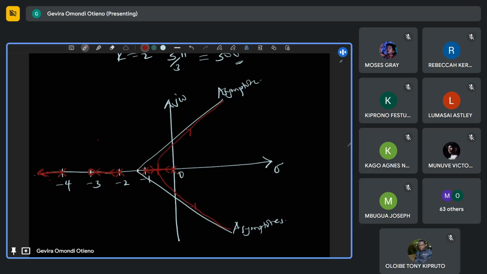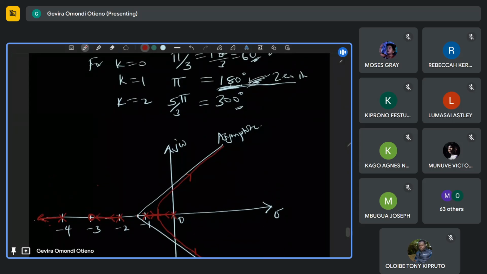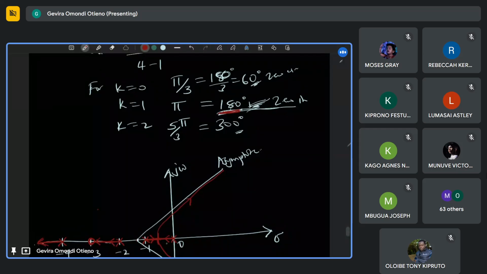The pole at -4 will terminate at a 0 that exists on the real axis. Remember, the angle is 180 degrees. So it will terminate at a 0 on the real axis, but at infinity. So we don't know where infinity is. In the same way, one of the poles between 0 and -1 will terminate at a 0 which is at infinity. We do not know exactly where the point is, but we know the general direction.